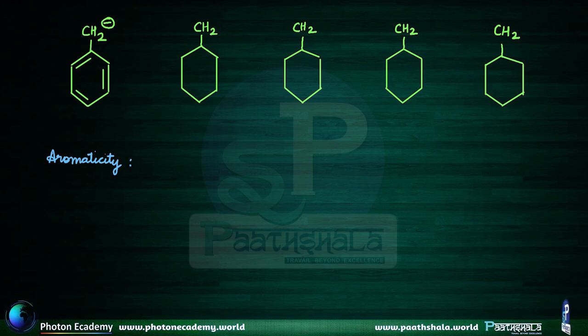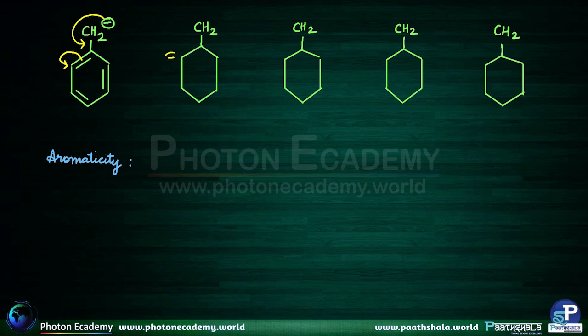So let us begin. This negative charge is going to come down here, pushing the pi bond here. And now we've got a negative charge at this place, and we've got a double bond here. The two bonds remain in the same place, and we've got a negative charge.